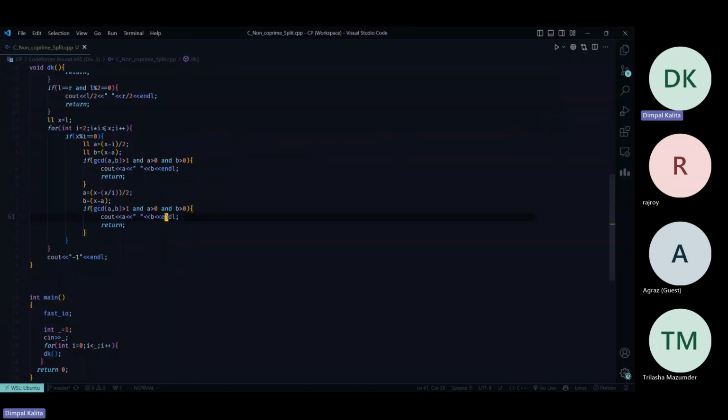So I have found the divisors of R, and if I is a divisor of R, I have found X as R minus P divided by 2, that is X minus I divided by 2, and then B is X minus A. The GCD must be greater than A, with some conditions to get rid of.